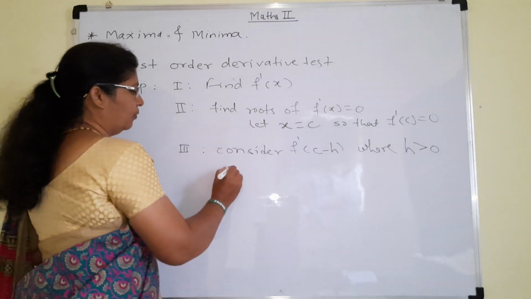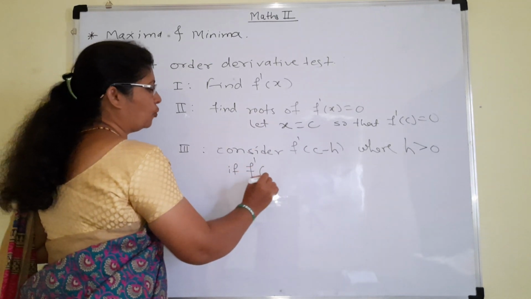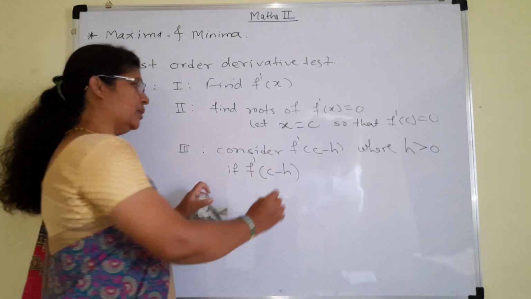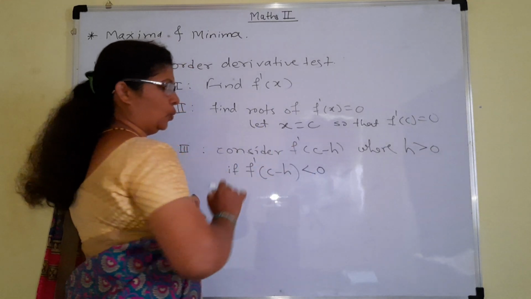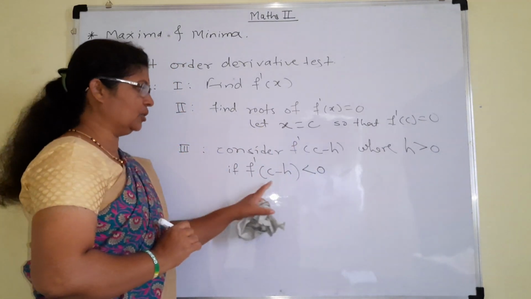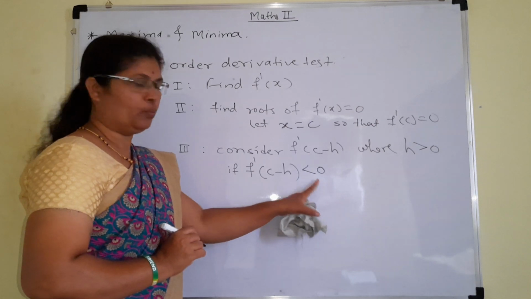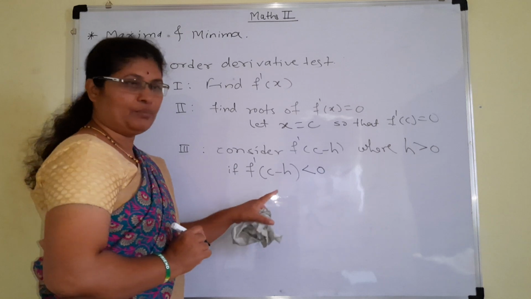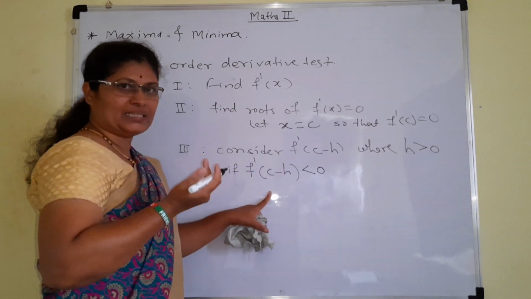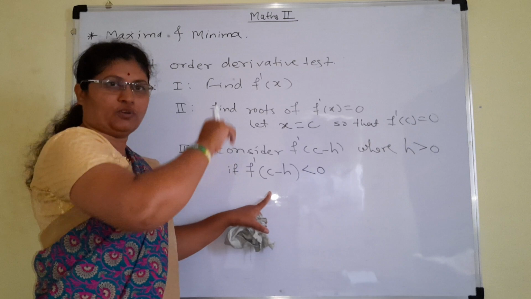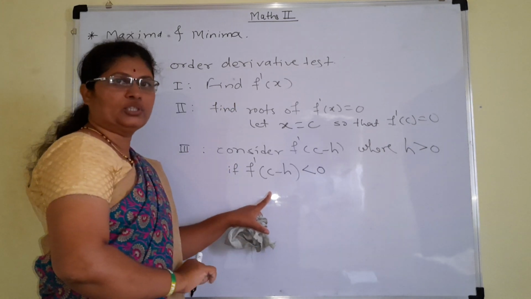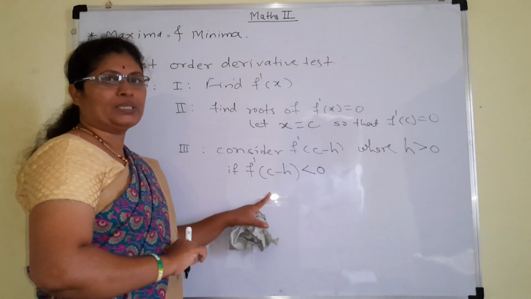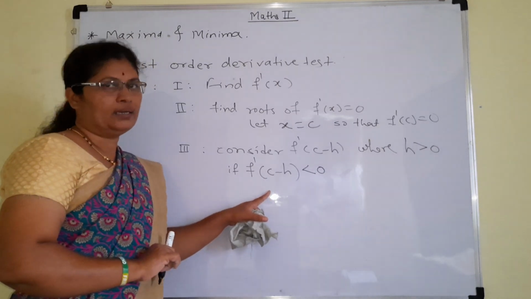Now if f dash of c minus h is less than 0, what happens? It means the part to the left hand side of x is equal to c, the function is decreasing. Can you remind the test of a decreasing function? If f dash of x is less than 0, then we call that function a decreasing function.